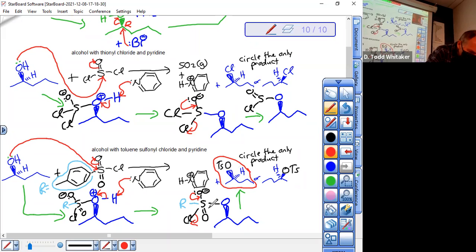It's got the OTs, which basically looks like this, but there's an O here. This is the Ts right here, up to the sulfur. TsCl. So that's an OTs. Stereocenter was never touched on this carbon. Never touched it once. And until now, we haven't touched this one either.